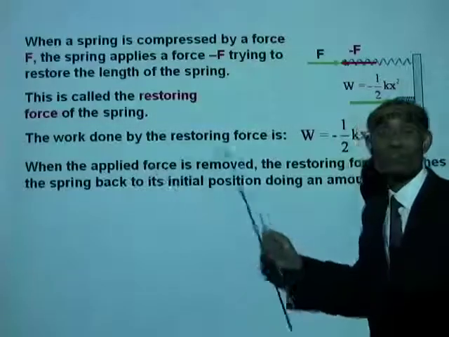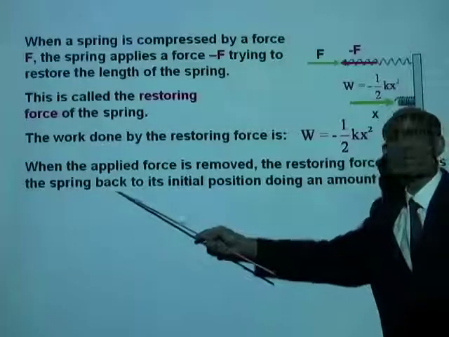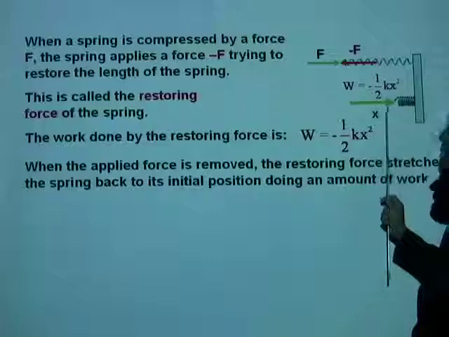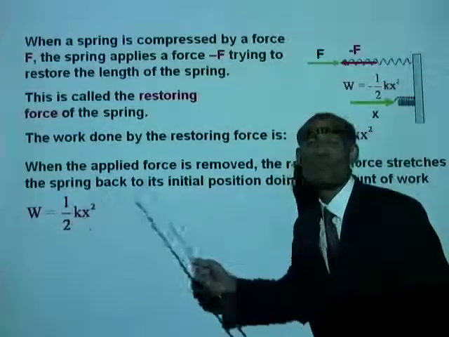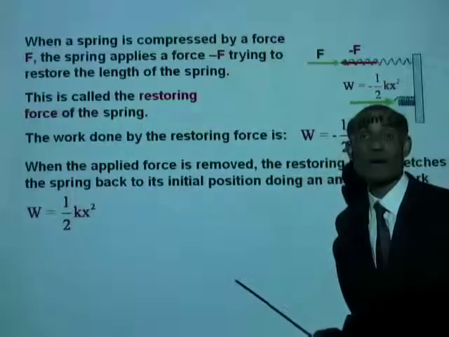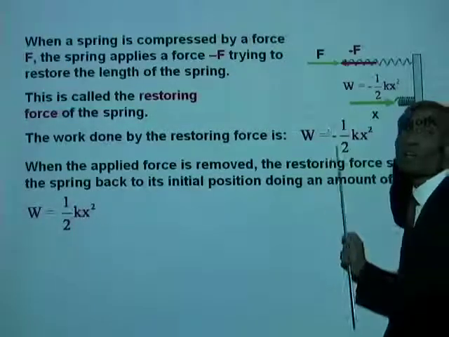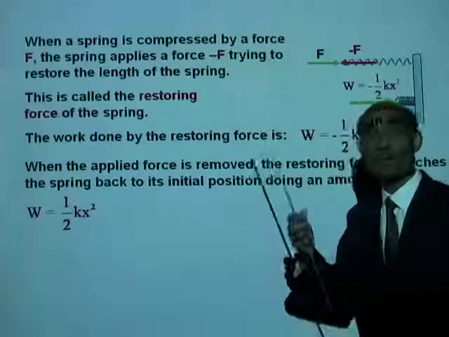When the applied force is removed, the restoring force stretches the spring back to its initial position, doing an amount of work, how much? W equal to 1/2 kx squared. So while compressing, the work done by the restoring force is negative 1/2 kx squared.